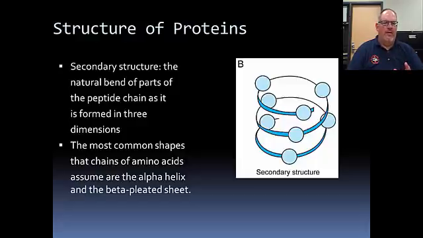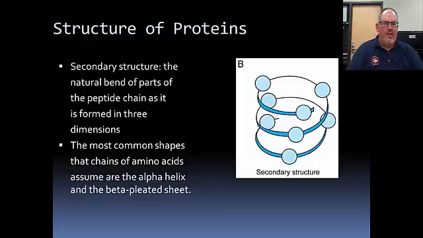Chemically, as they link, they start bending and twisting. In this case, we have a spiral as a secondary structure. We can have other shapes besides the spiral. Sometimes it might be a spiral, all at once it will go straight, all at once it can make a 90-degree turn, 180-degree turn. So this secondary structure starts to make a three-dimensional shape out of the protein.